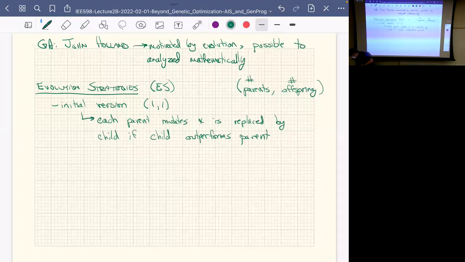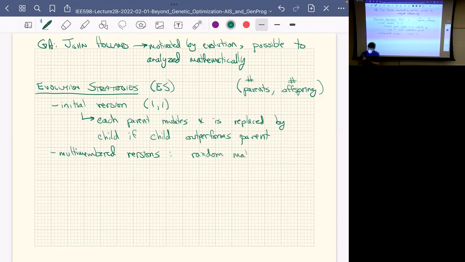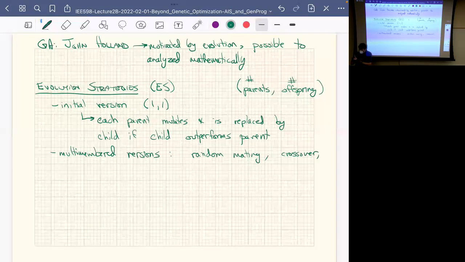And then they started to create multi-membered versions. And those multi-membered versions would maybe have random mating, crossover, mutation, of course, and selection.